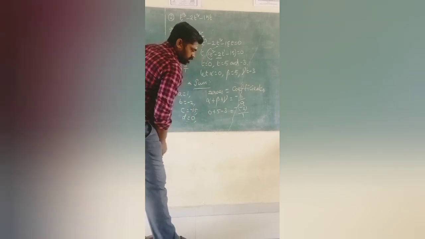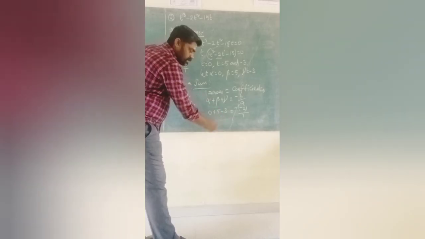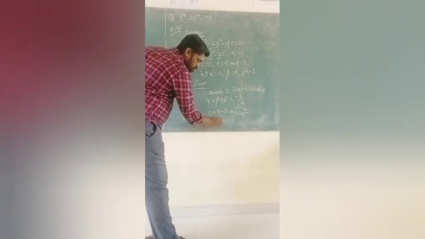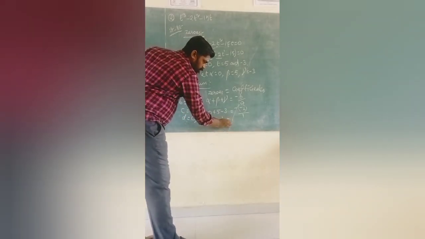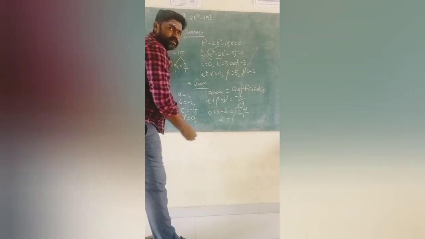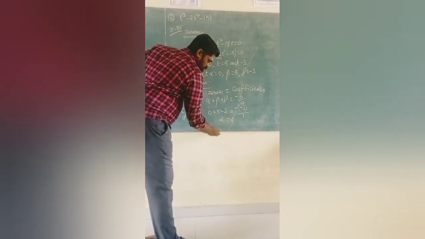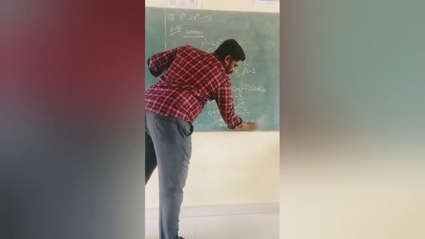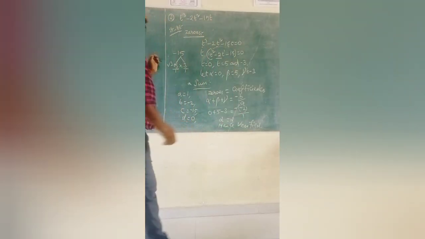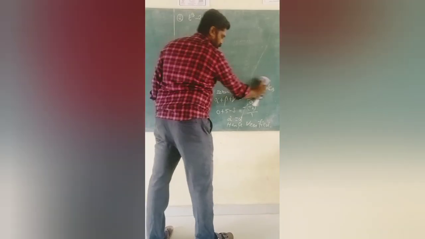So 5 minus 3, what is that? Ernest, tell me 5 minus 3. 2, sir. So minus of minus 2 is plus 2. Hence verified. Okay? That's all.